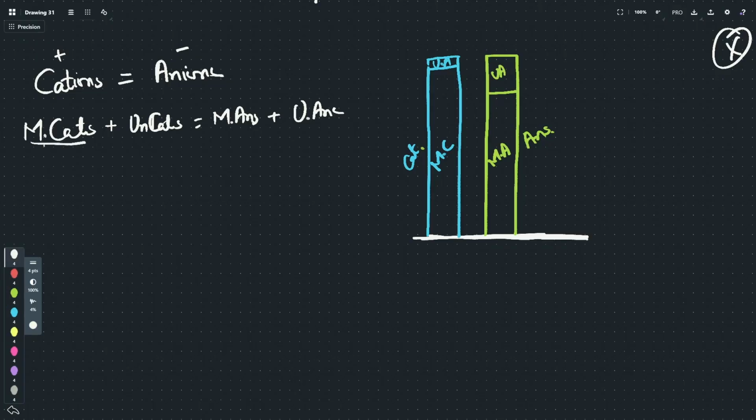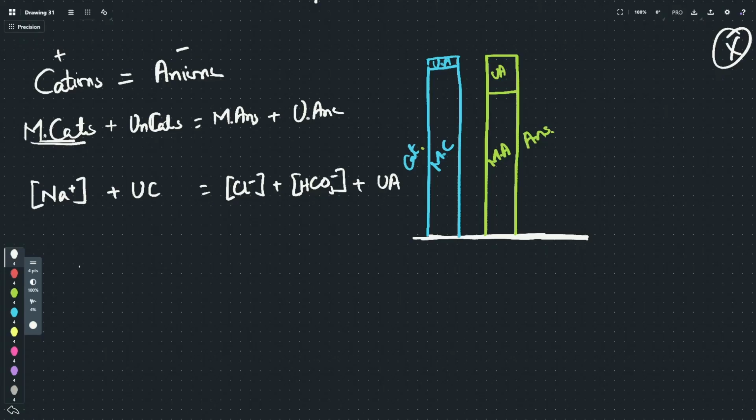Now the major measured cation is sodium, and some labs also mention potassium, but I will just write sodium here. And then measured anions are mainly chloride and bicarbonate, plus unmeasured cations here and unmeasured anions here.